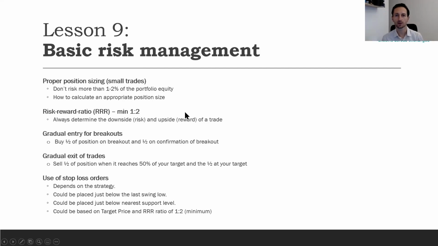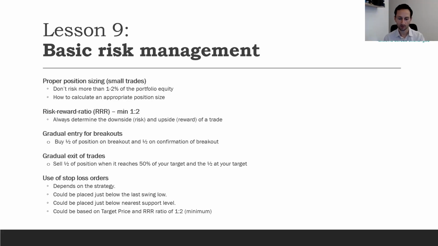We talked about this when we discussed the trading ranges strategy, where we were trading between the support and resistance line, and we can use this for most of the other trade setups as well. I think that a reasonable minimum risk to reward ratio is 1 to 2, meaning for every $1 of risk, I need a potential $2 upside.